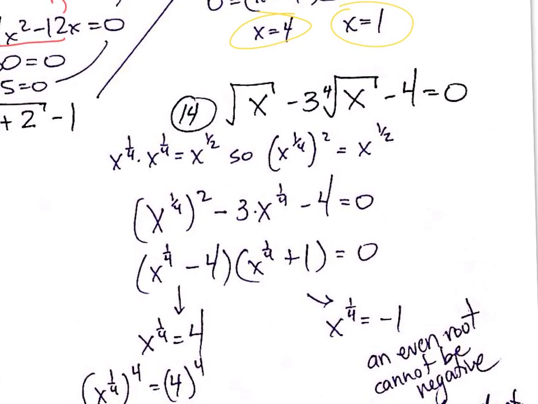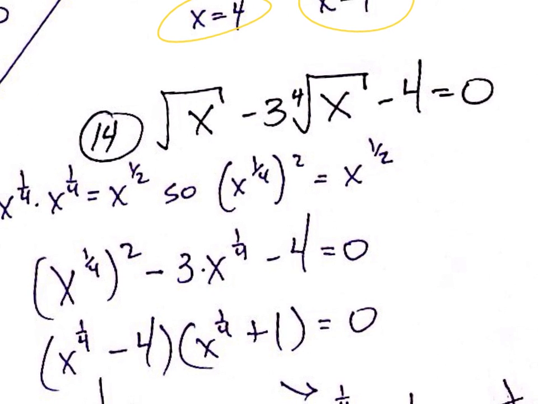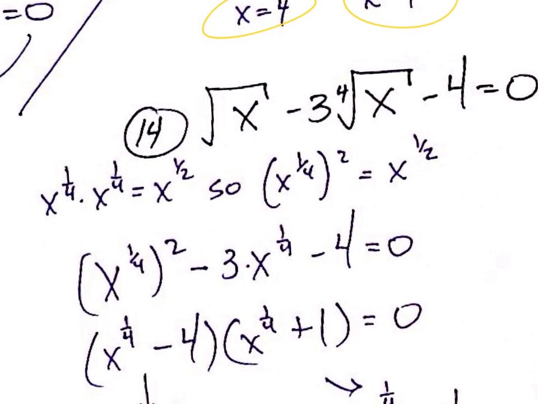And lastly, for 14, you have to recognize that we have a fourth root and a square root. So x to the 1/4 times x to the 1/4 is x to the 1/2, right? We would add exponents. So x to the 1/4 squared is the square root of x. So this guy right here is x to the 1/4 squared.